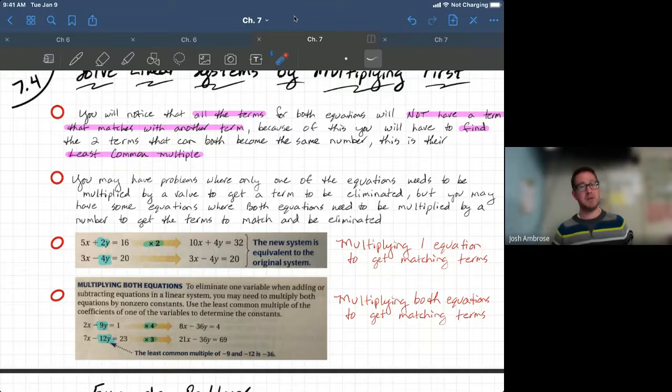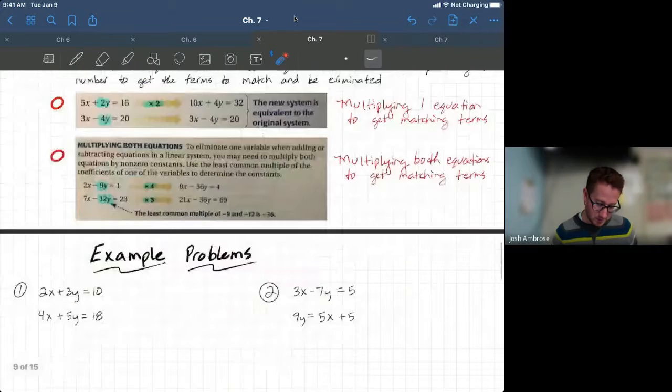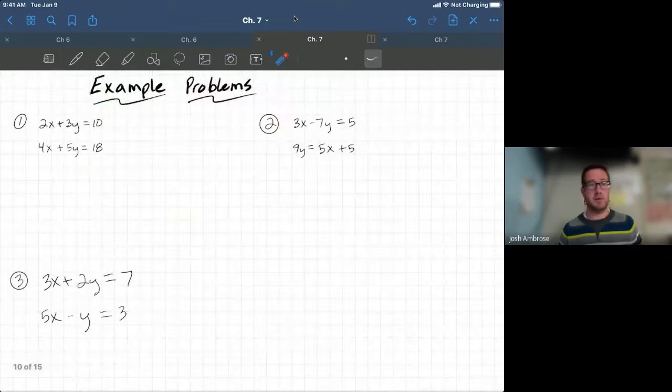Then you would use the distributive property. 4 times 2 is 8. 4 times 9 is 36. 4 times 1 is 4. Then you do the same thing in the bottom equation, but you're multiplying by 3. You're trying to find the least common multiple that works so that you can then proceed by using elimination. So take the time to read these and look through those examples, and now we're going to jump into 3 example problems of our own.